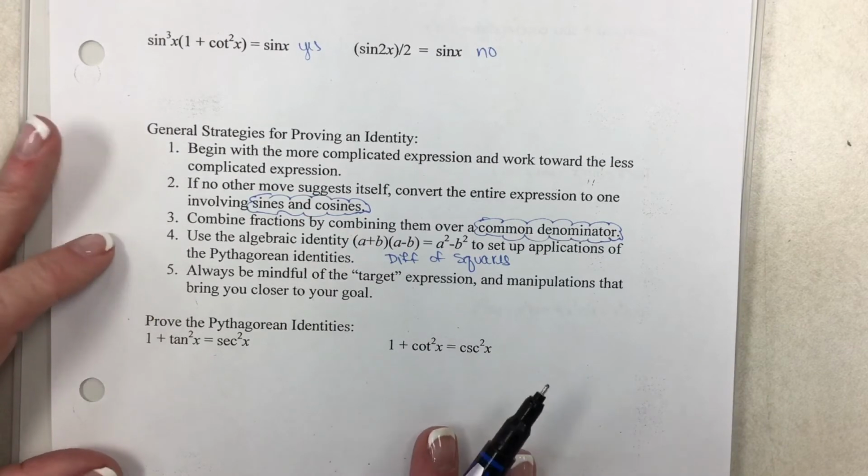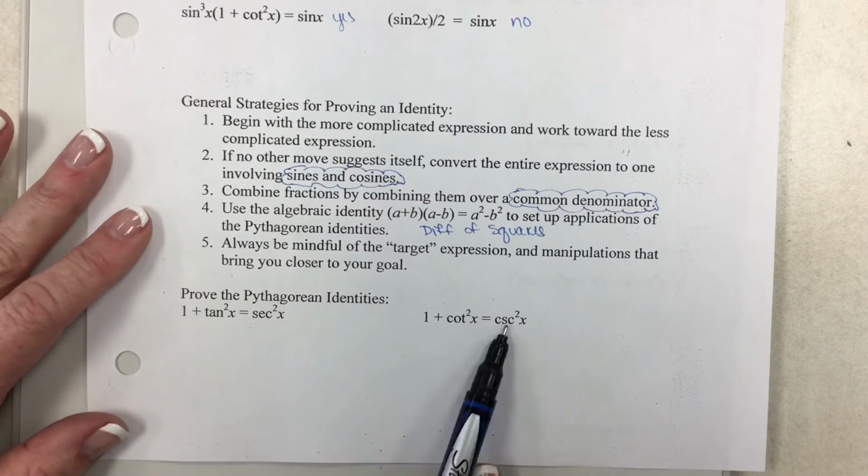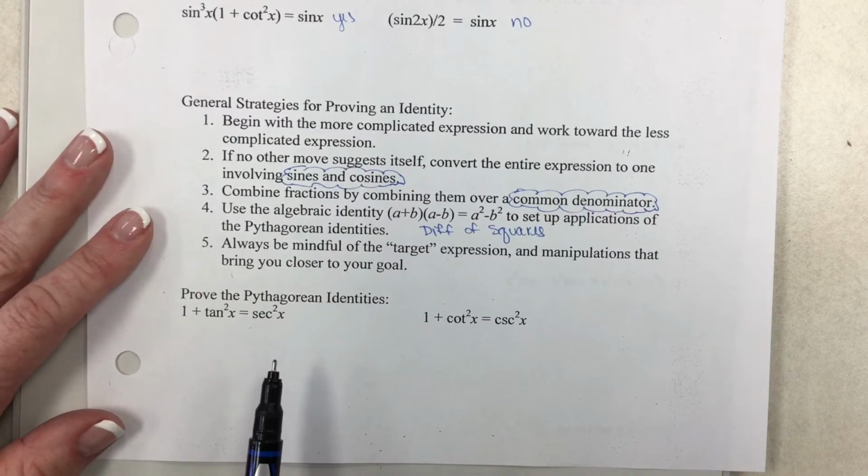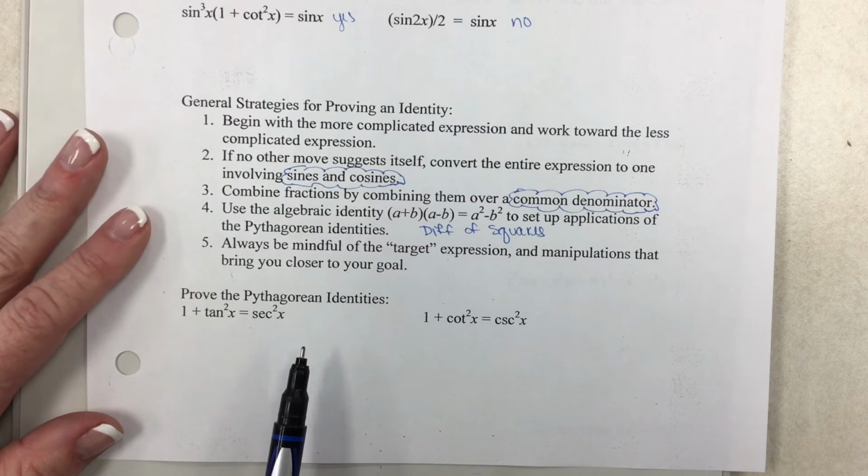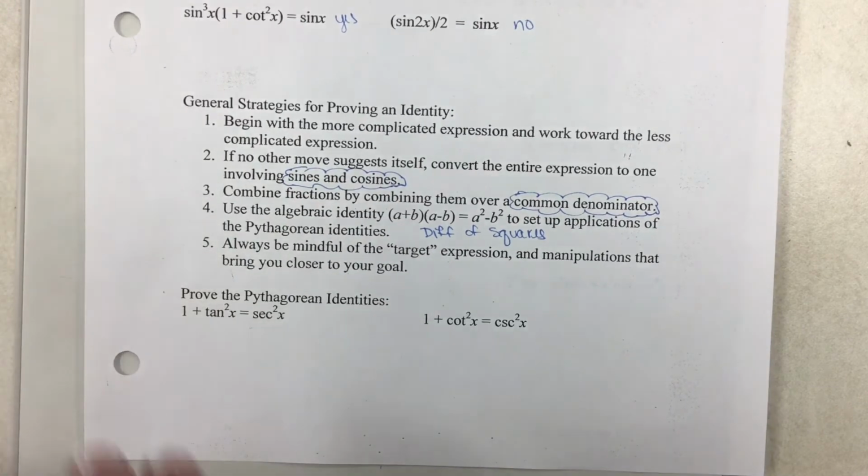All right, so on these two, we've got a Pythagorean identity that we're going to prove. What's really kind of funny is that I can hand you a sheet of identities and say here, and you just trust me so much, you believe that they're true. But in your generation, you're growing up with the saying, fake news.